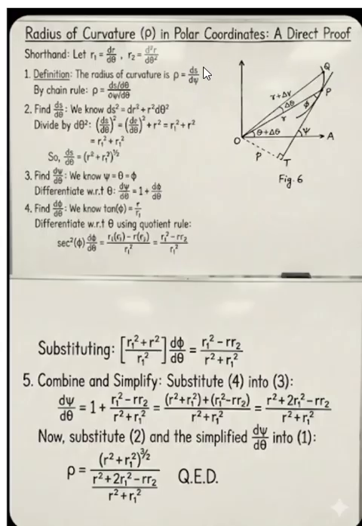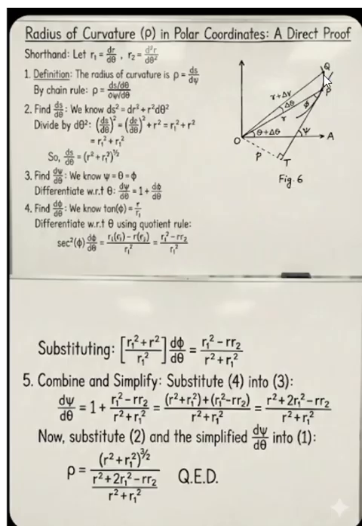We want ds by d phi, which is the reciprocal of curvature, that is, the radius of curvature. We already studied what radius of curvature is and what it means, so before watching this video you should watch the previous videos also.